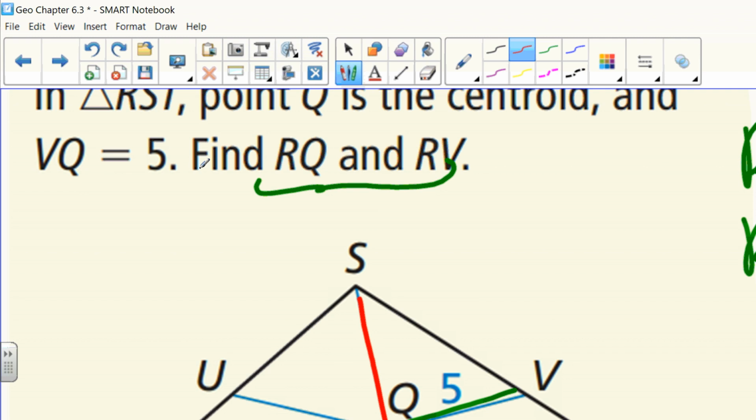What is SQ? 4, because it is the bigger, so it's twice the smaller, and the smaller is 2. What would SW be? 6, because we add the two together. How about UT? 15, because UQ is 5. That's it. Any questions on this here?